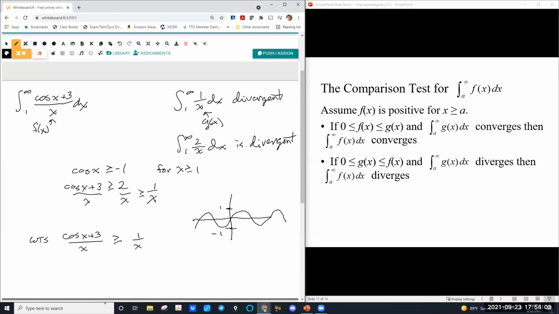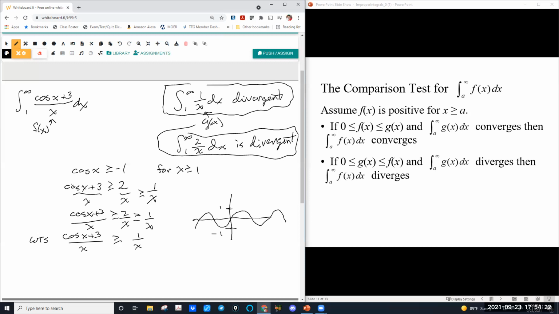So we have 2 choices. We can either go with cosine x plus 3 over x is greater than or equal to 2 over x, because we know that's divergent. Or we can say it's greater than 1 over x, because 2 over x is greater than 1 over x.